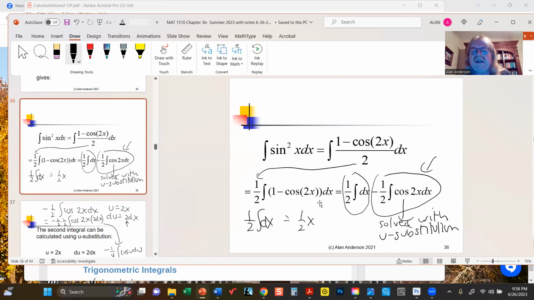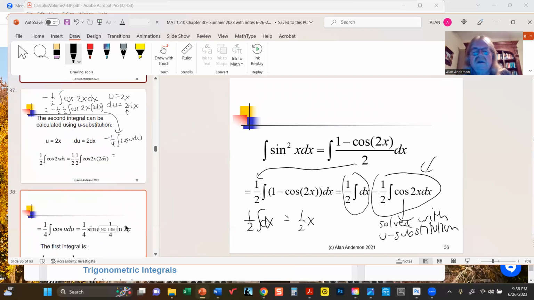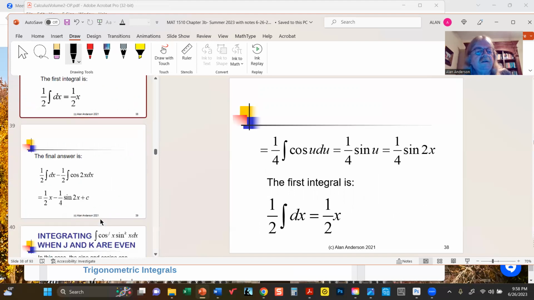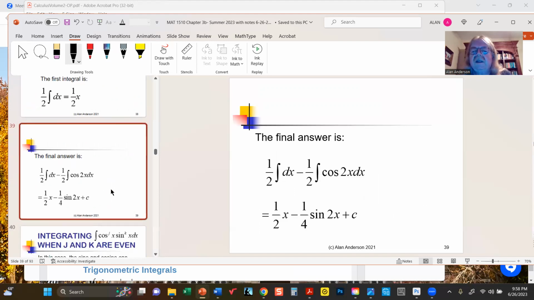The integral of 1/2 dx becomes 1/2 x. Then we're going to subtract this one, which ultimately turns out to be a quarter sine 2x. And so then we're going to subtract one from the other. And here's our final result.